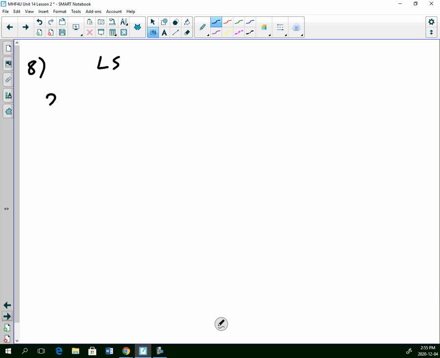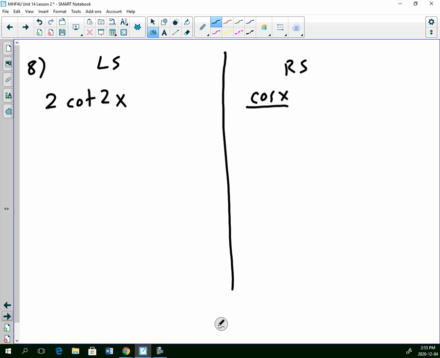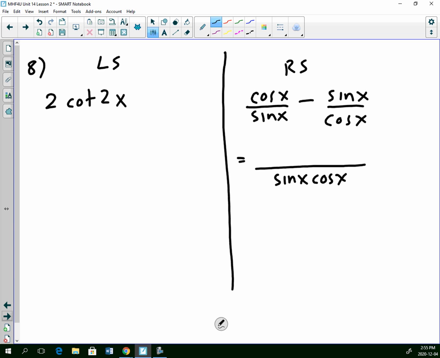Okay, so on the left, we have 2 times cotangent 2x. And on the right, it's already in sine and cosine, but I could simplify it by finding a common denominator. So my common denominator would be sine x cos x.